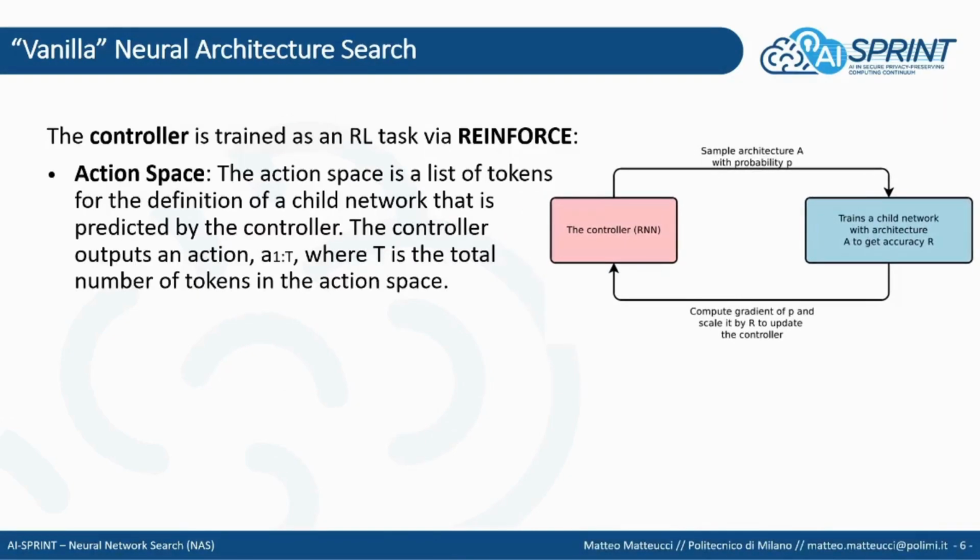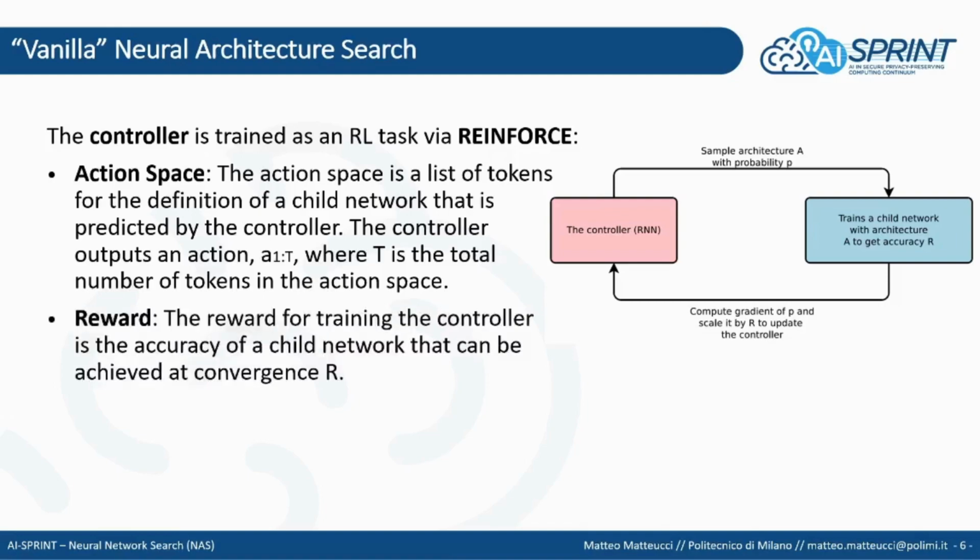The algorithm that was used to train this controller is called REINFORCE. This algorithm assumed that the controller has an action space. An action space is the list of tokens for the definition of the network that is predicted by the controller. The controller will predict a sequence of tokens, a sequence of actions in the reinforcement learning terminology, which describe the child network. At this point, the network is trained, is evaluated, and the result of this evaluation is called reward.